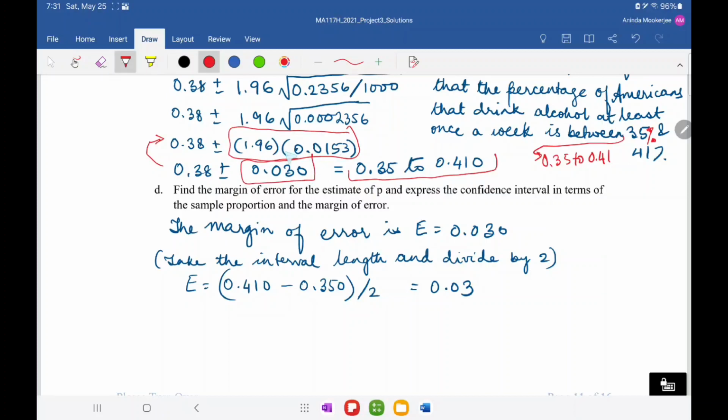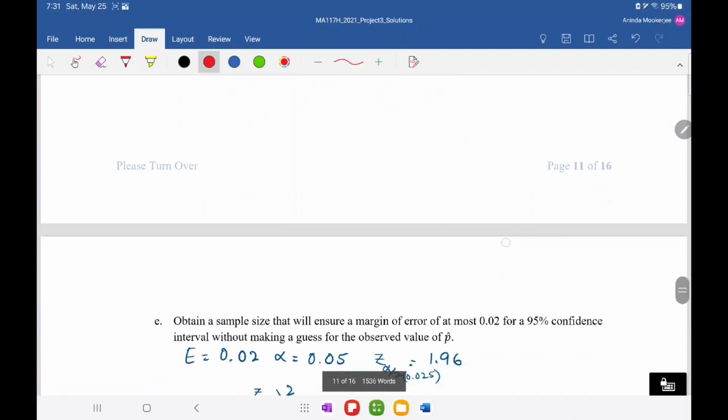So if you've done the calculation here, you can just state it in the question below. You've already done the calculation, no need to spend time finding it all over again. Because this is an exam situation and you will have to finish it on time, so help yourself. If you've done the calculation before, just write the answer. All right, so that was the question on margin of error.